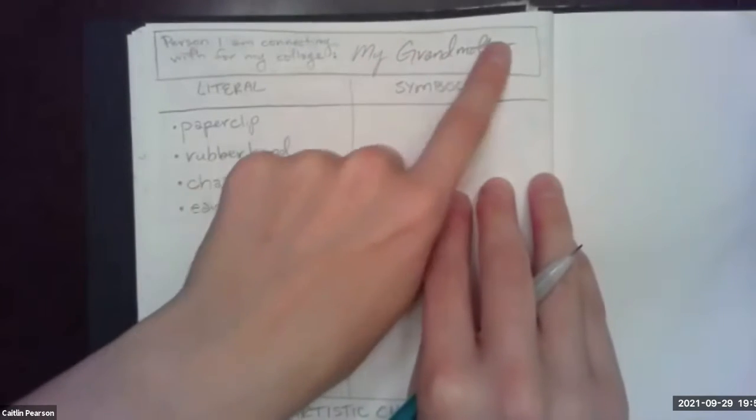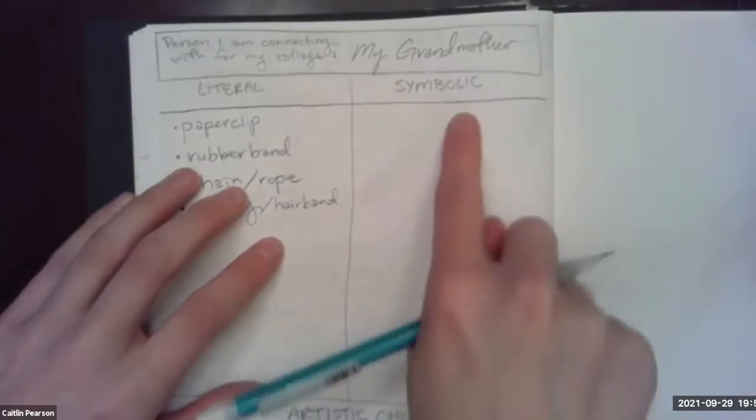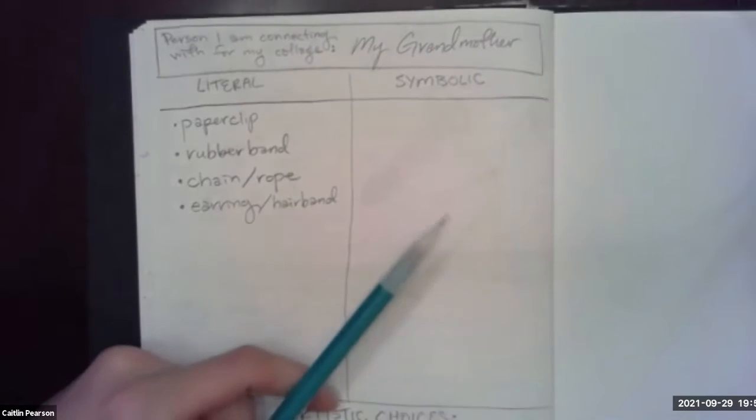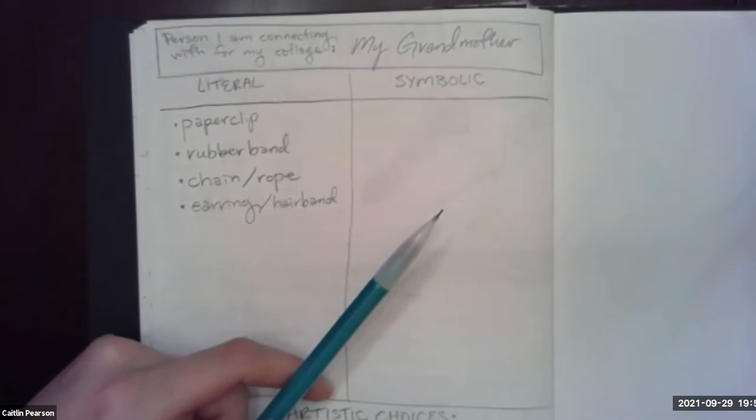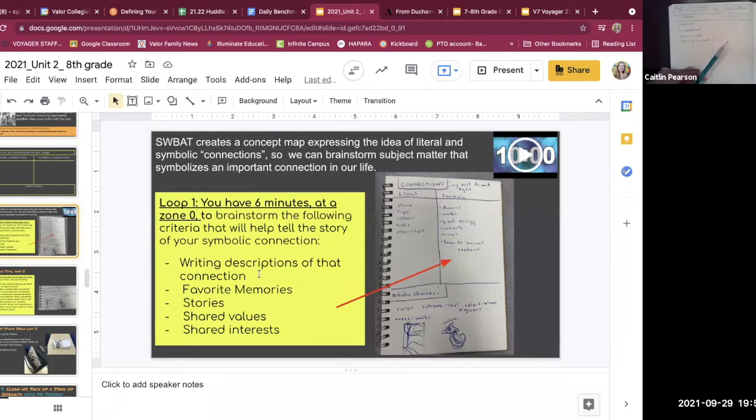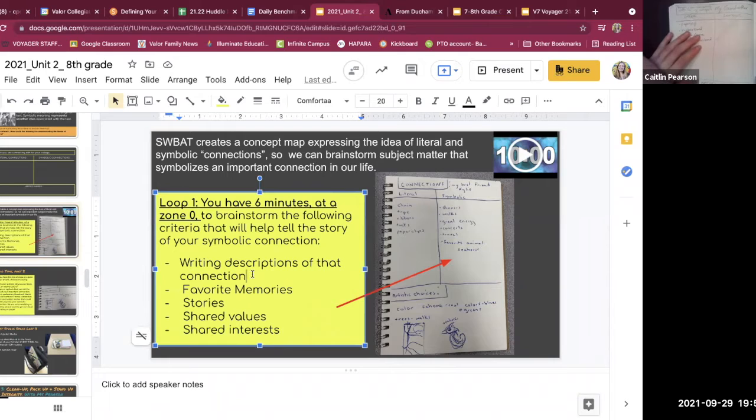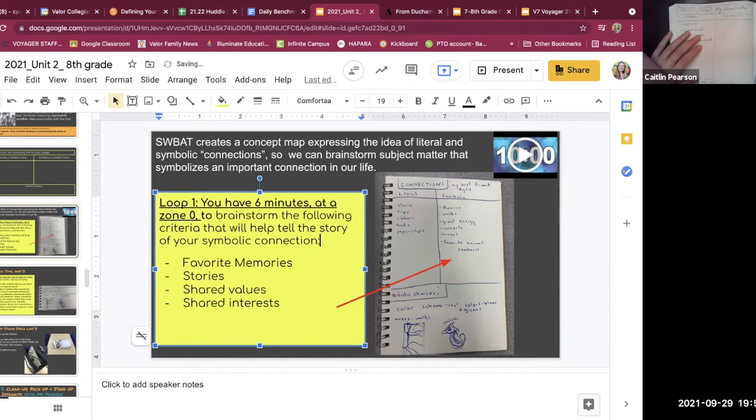Now I know my grandmother. For my symbolic connections with my grandmother, that consists of favorite memories, stories, shared values, and interest. And I'm going to delete that one because we don't really need that. Okay.